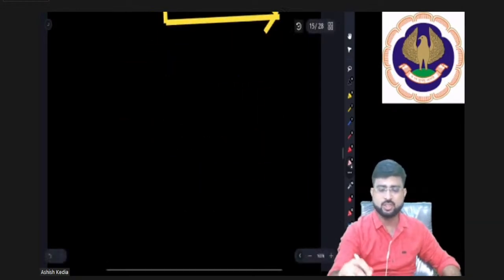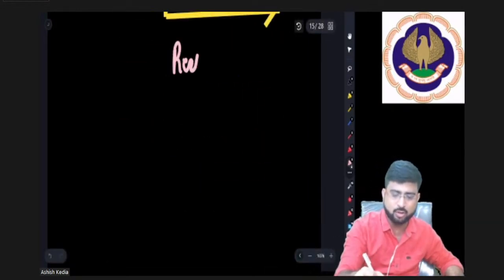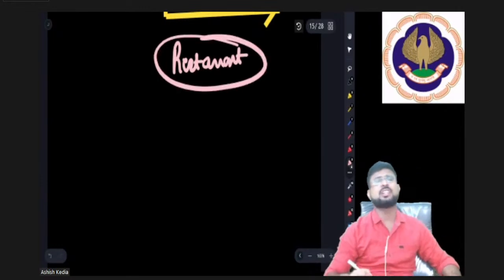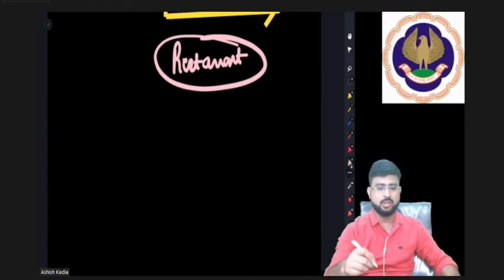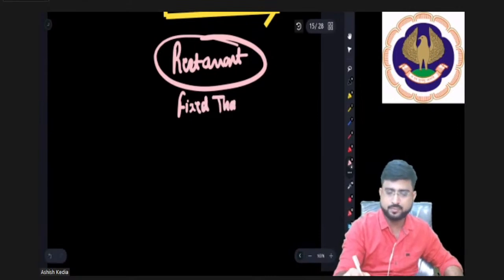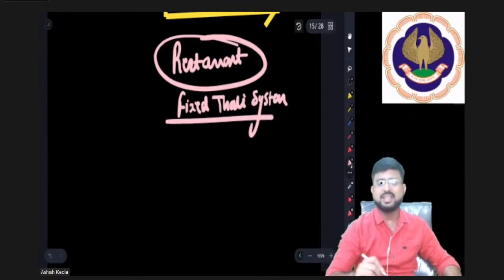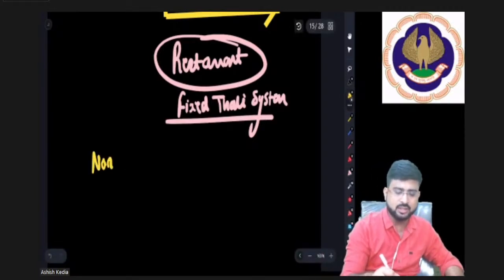Let's go to a restaurant, guys. How many of you are ready to come with me to a restaurant? My dear friends, you know restaurants have a fixed thali system, yes or no? Let's say I buy a North Indian thali. Depending upon what you like, you buy your thali.